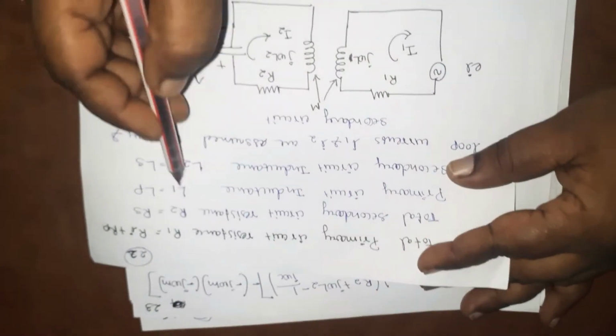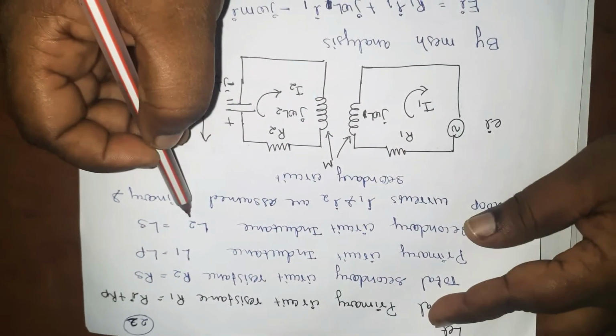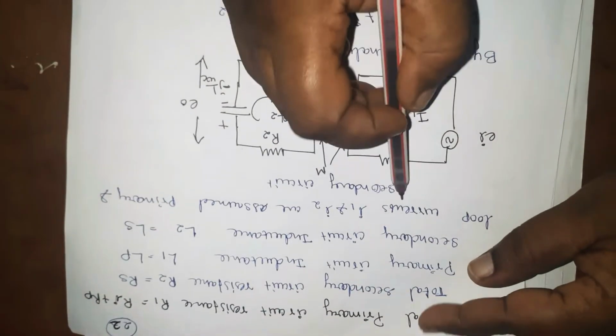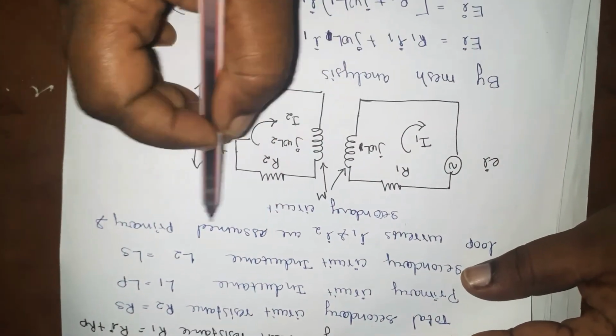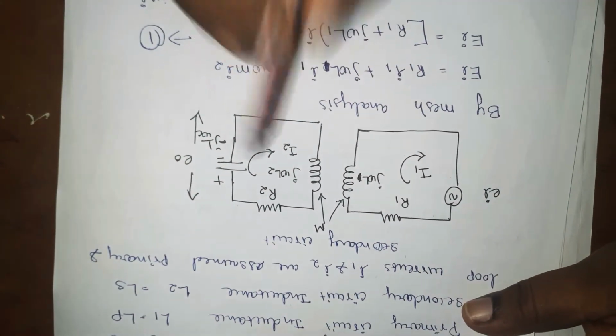Primary circuit inductance L1 is equal to Lp, and secondary circuit inductance L2 is equal to Ls. Next, consider loop currents I1 and I2 in the primary and secondary circuits.